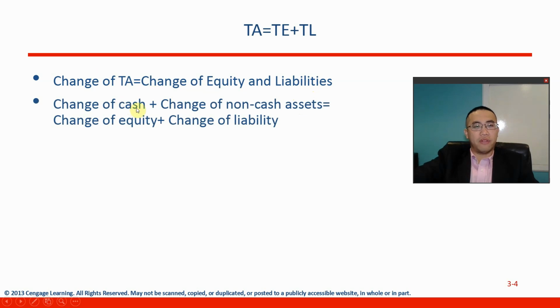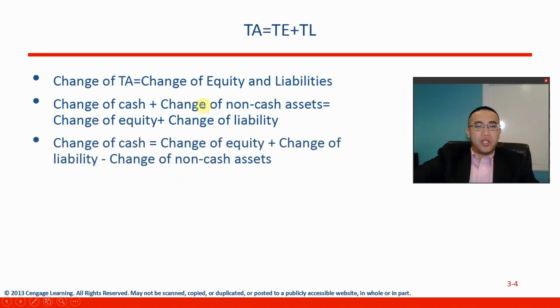Therefore, the change of cash plus the change of non-cash assets equals the change of equity plus the change of liabilities. So your total assets are made of cash and non-cash assets. I just simply divide them into two parts.